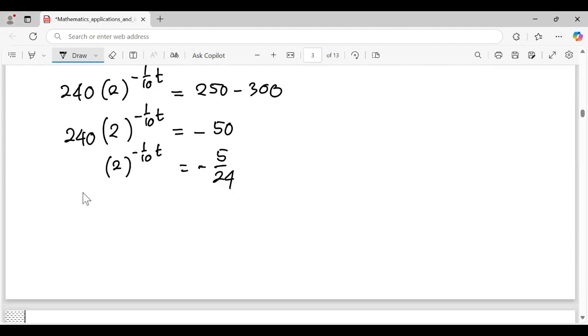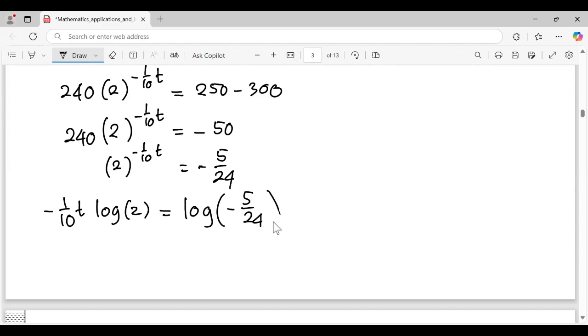Based on the logarithm rule, we can state minus 110t log 2 equals log of minus 5 over 24.